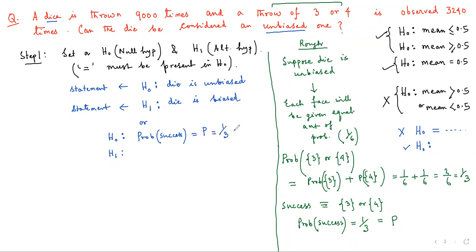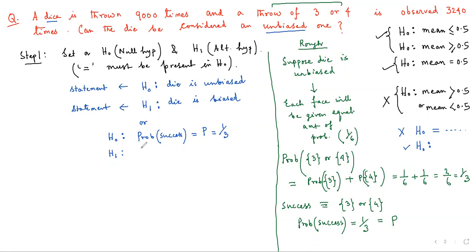This rough calculation that I am doing is not rough in the sense that this part should not be shown in the calculation. You can divide your copy into 2 halves. In the right part of the copy, you can show the calculation to the examiner. I'm not talking about the online examination. This green colored portion is also a part of the problem. How have you found the probability of success to be 1/3? This is the calculation.